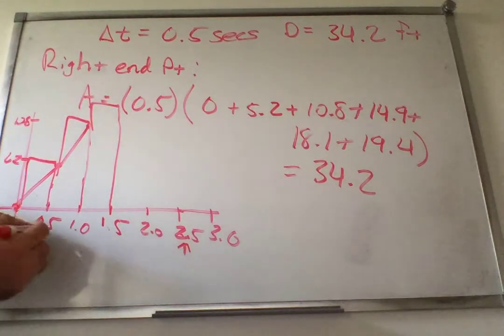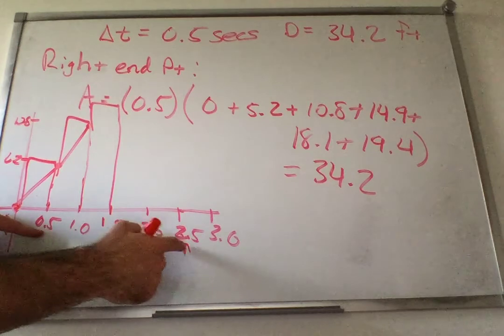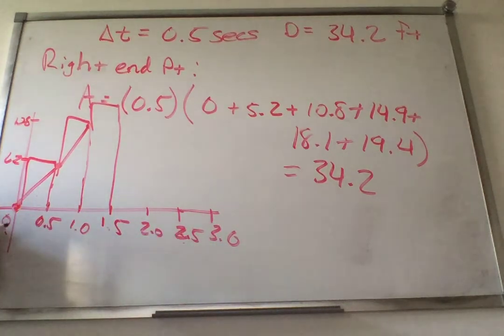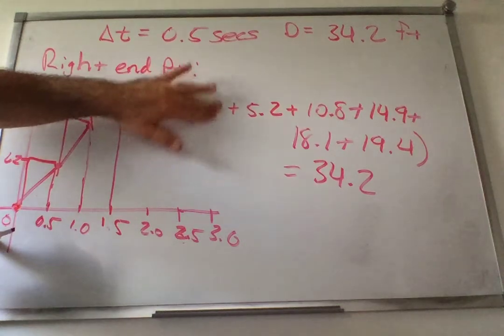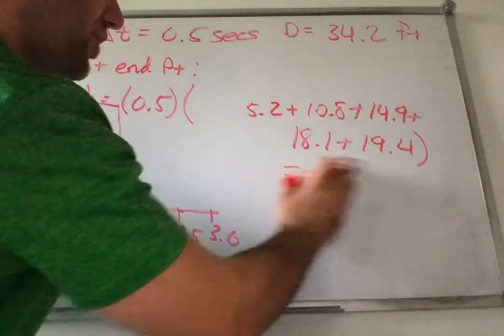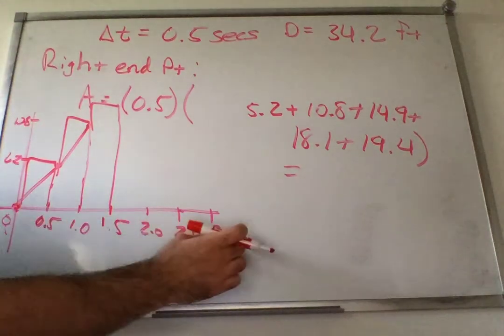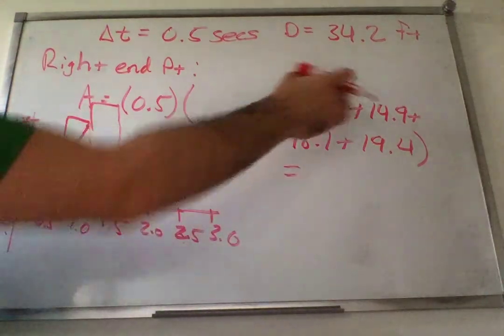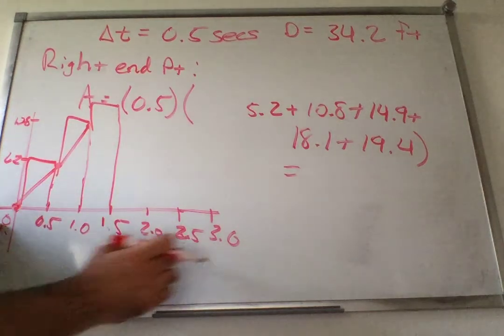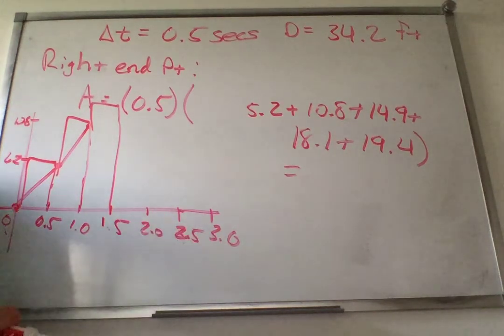I'm always picking the ones on the right. So in the table, I don't need this velocity. That was right here. So I could just erase that. Our answer is going to change. The middle ones in the sum are exactly the same as the previous one. The only ones that change are the endpoints.